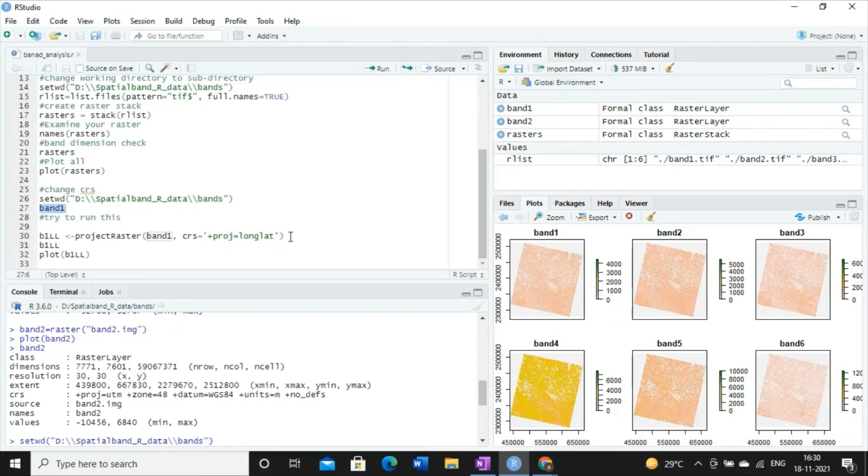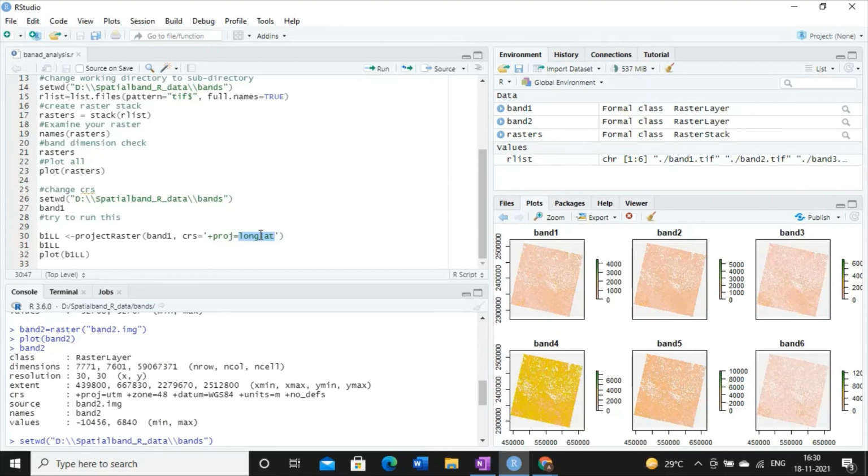Now see what I have done here. I want to change the CRS. For that purpose, in R I have used one function, that is projectRaster, and then I have used some arguments. What are these arguments all about? If you want to convert or project, and projection is required because 3D to 2D projection is always required, so we always have to do some kind of projection.